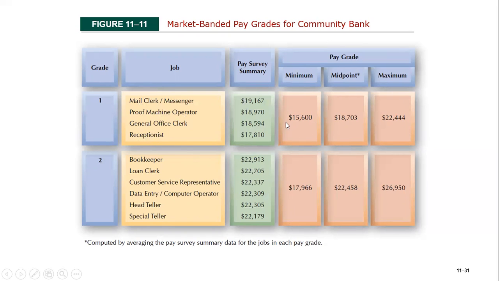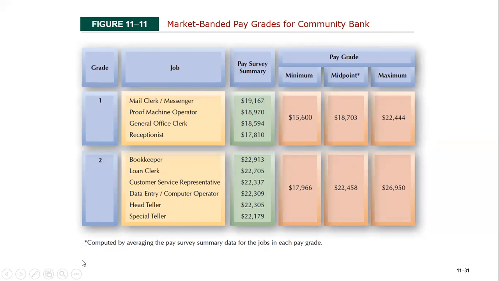If you are a new employee, you will be paid a minimum of $15,600 per annum, and we can pay a maximum of $22,444. This is computed by the average of the pay survey summaries data for the jobs in each pay grade.